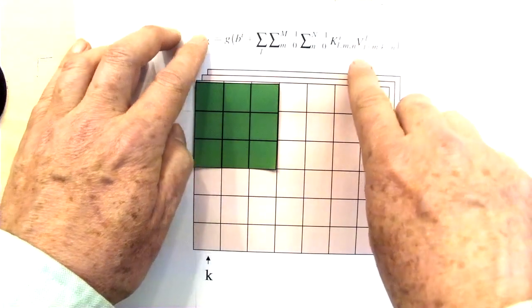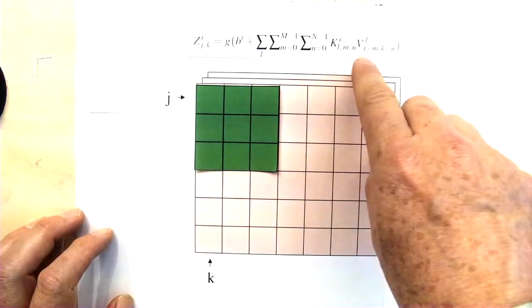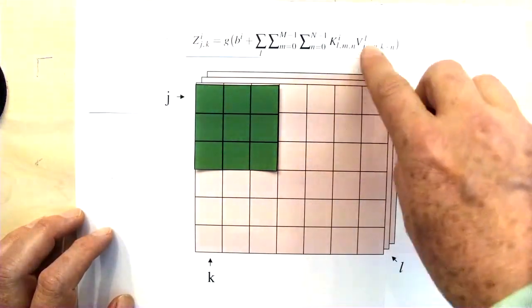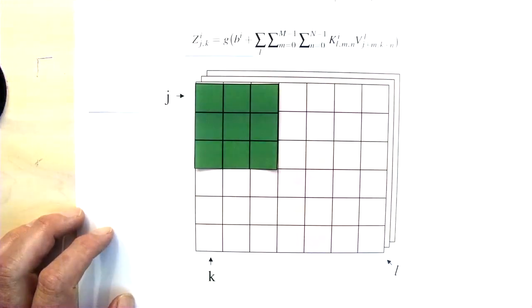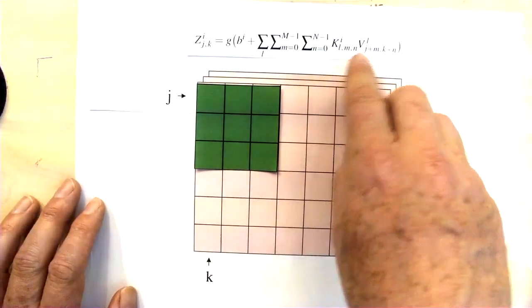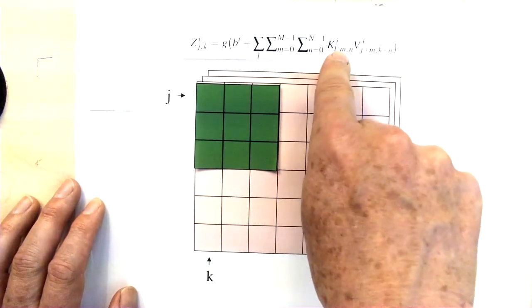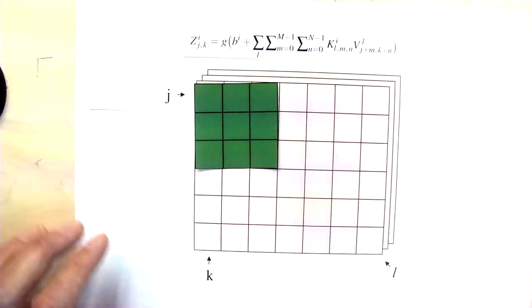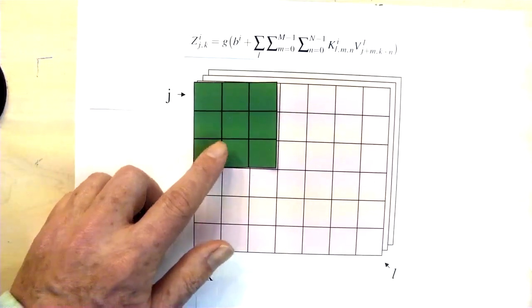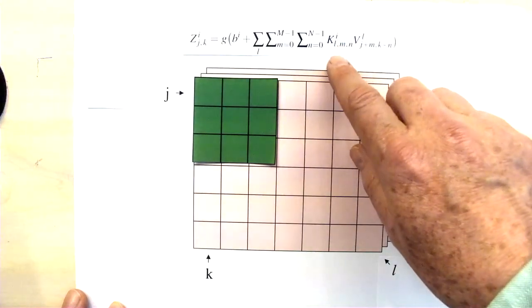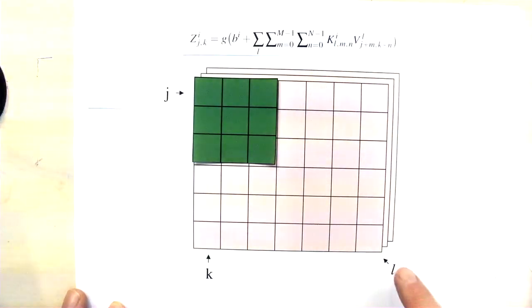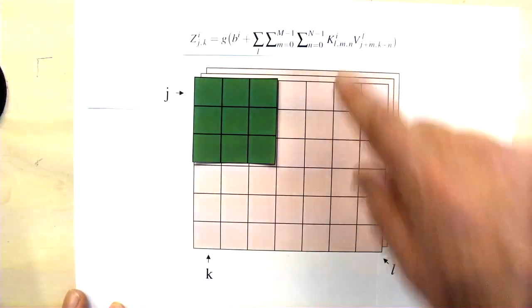So V sub L represents the values in layer L at a certain location. They're the inputs, and then these Ks are the weights, and the weights are represented by these green boxes here, and they're indexed by L, M, and N.